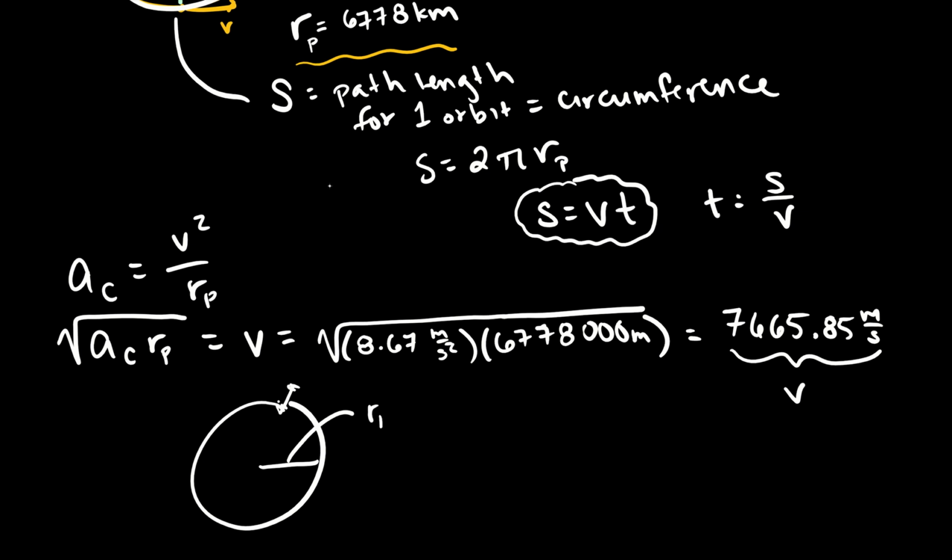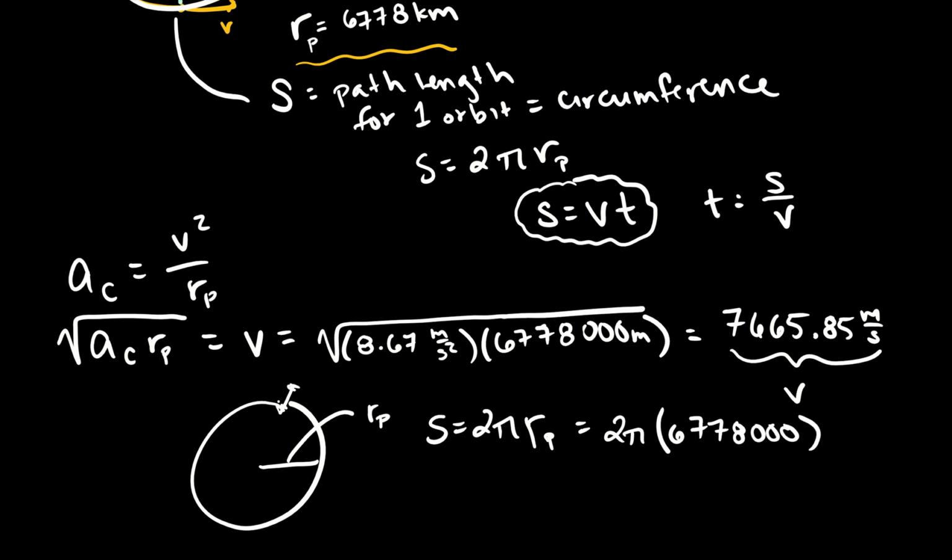We know RP, and we said that is as simple as just finding the circumference. So 2 pi times RP equals 2 pi times, again, we want this in meters to be consistent.